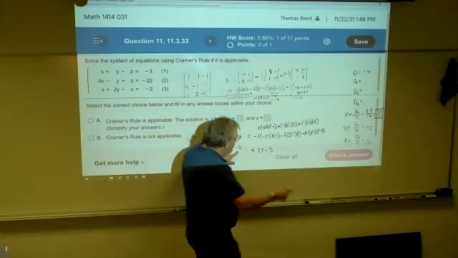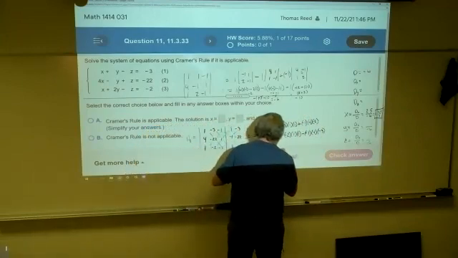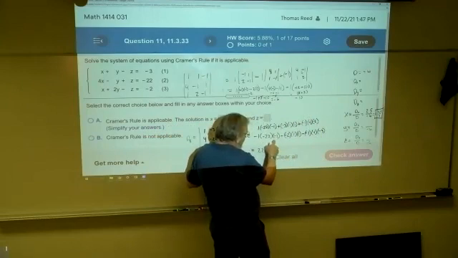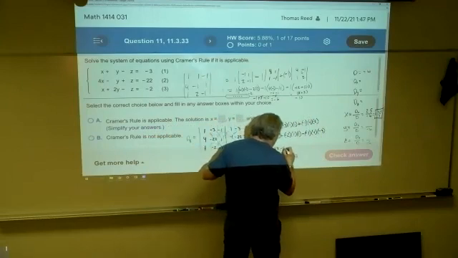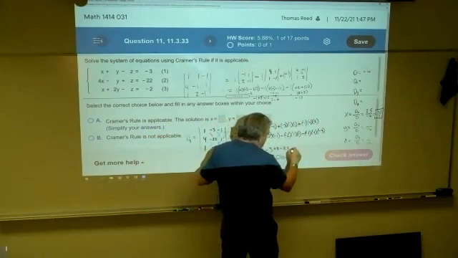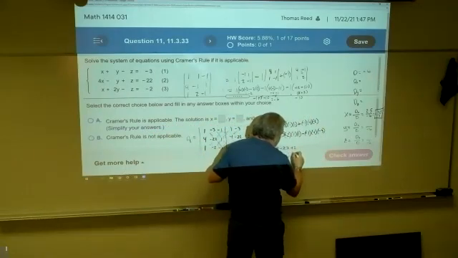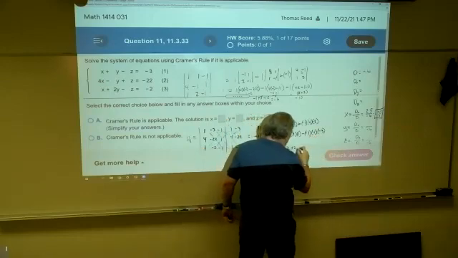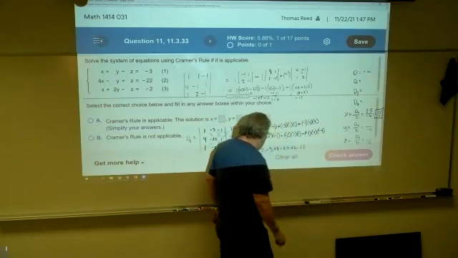And so that's going to give us a positive 8, so that's plus 8. And here I get a positive 22, but I'm subtracting, so minus 22. Here I get a negative 2, but I'm subtracting, so that's going to be a plus 2. Here I get a positive 12, so I'm subtracting 12.